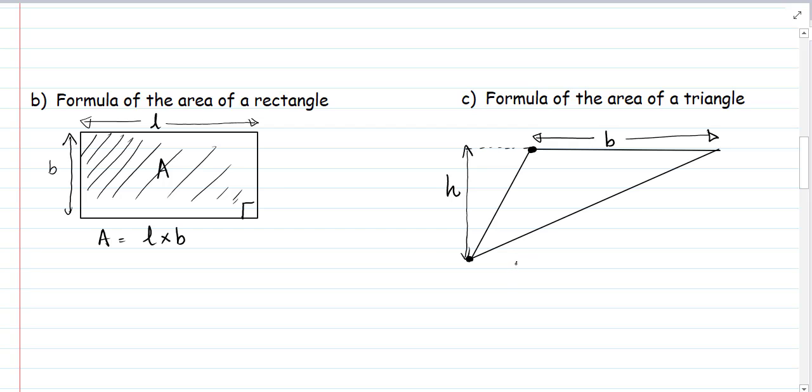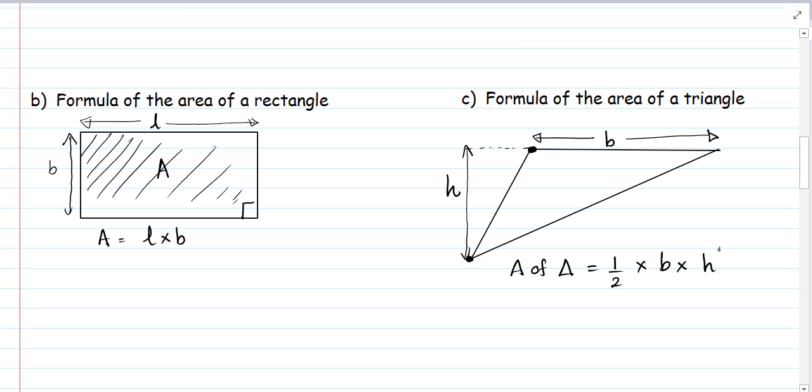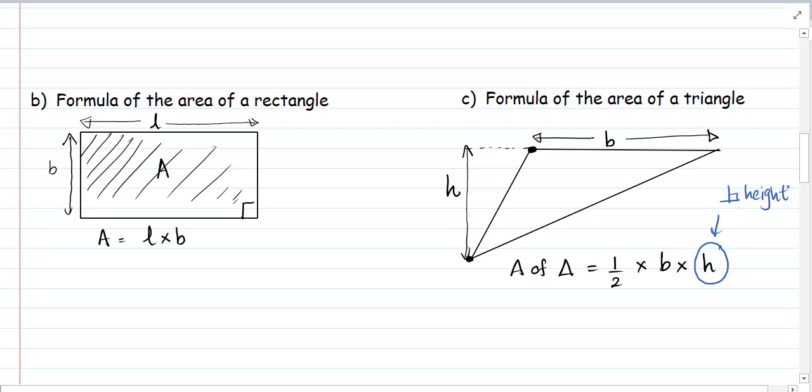So the area of a triangle is half into base into height. All you have to know is this height must be the perpendicular height. Hope it's clear. Now using those techniques, we'll be finding the area of a parallelogram later.